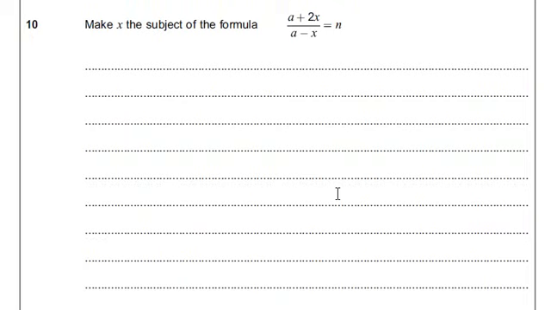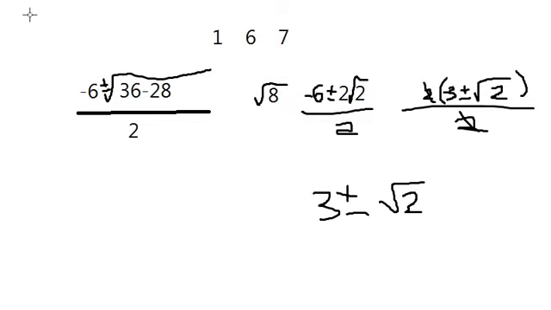Let's go on to make x the subject of the formula. That would be just rearranging. It's more like similar to linear equation, except it's with algebra. Well, linear equation consists of algebra anyway.